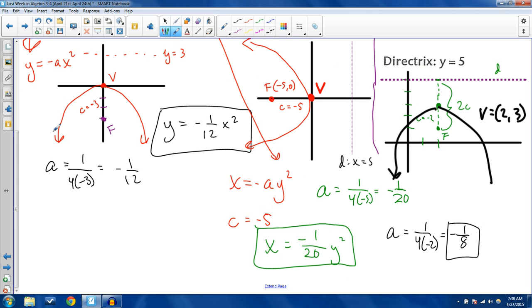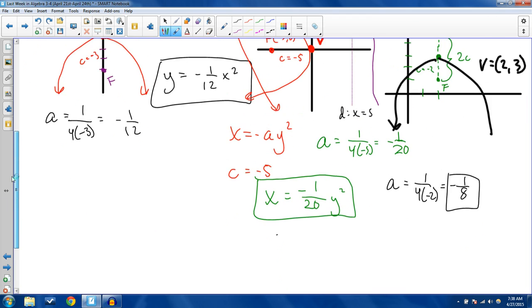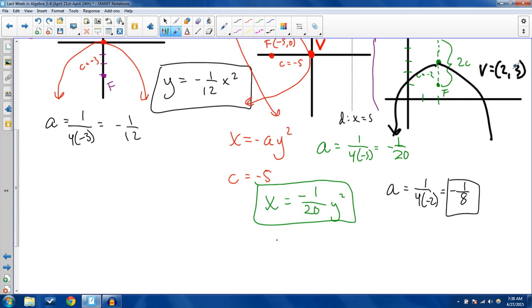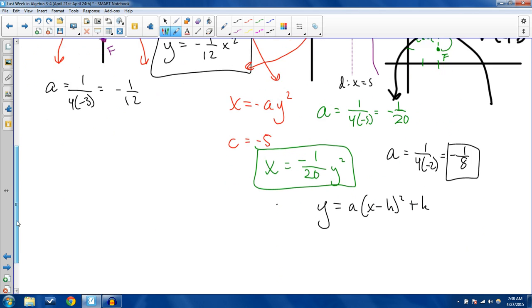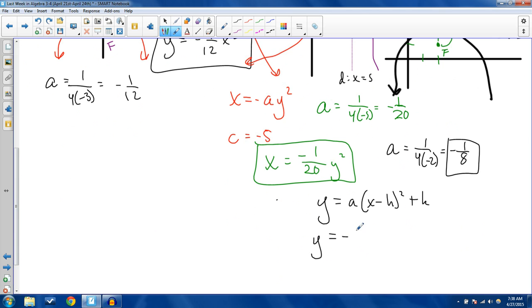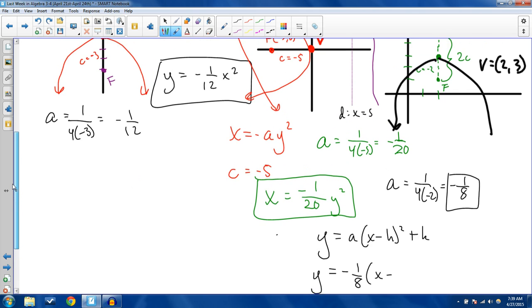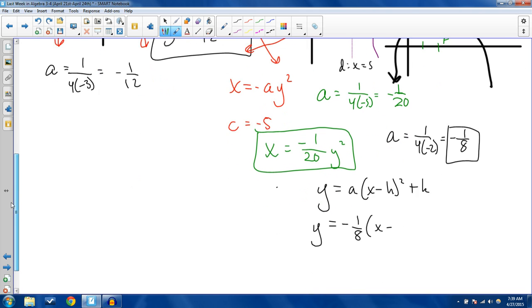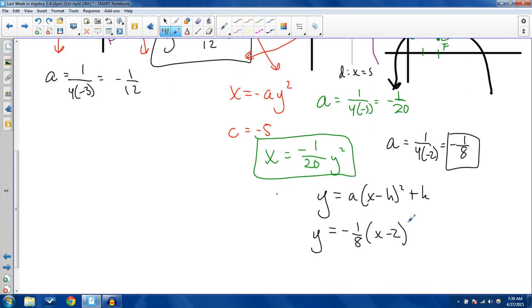To write this equation, though, now this is going to be y equals ax squared. But to write this equation, I really do need to use vertex form this time. I know that my vertex is in a different place. So I'm really going to be using y equals a times (x minus h) squared plus k. So my equation will be y equals negative 1/8 times (x minus, what was it, 2) quantity squared, plus 3.